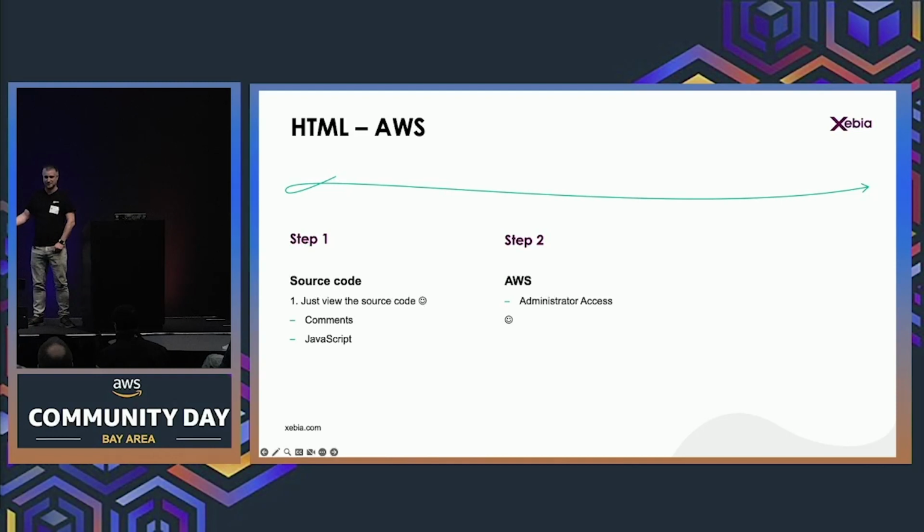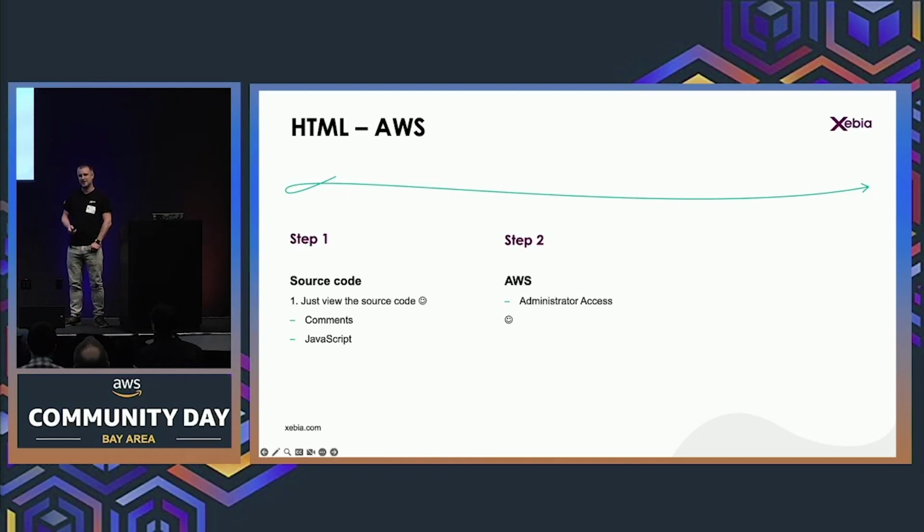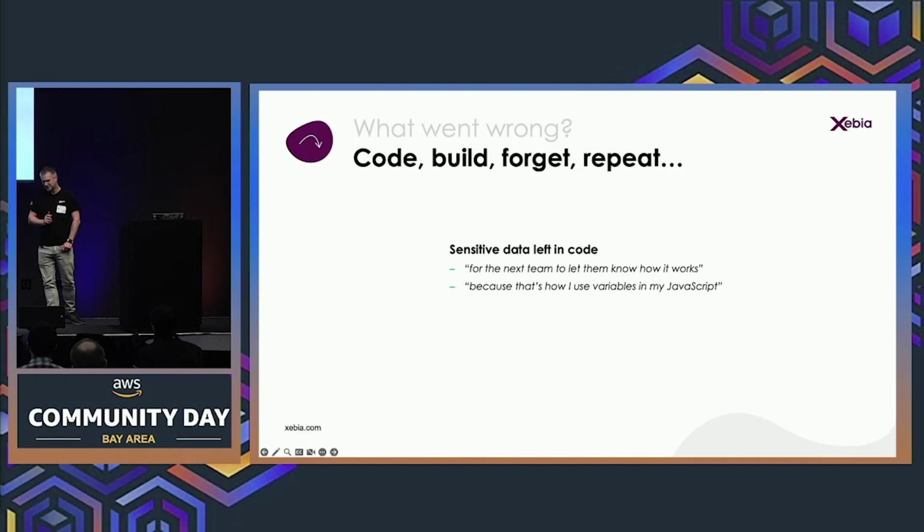What's the next step? There is no next step because these credentials already gave me access, and this IAM user had administrator access policy attached. What went wrong here? Sensitive data left in the code. So there was no problem in the cloud itself. The problem usually sits between the chair and the keyboard.